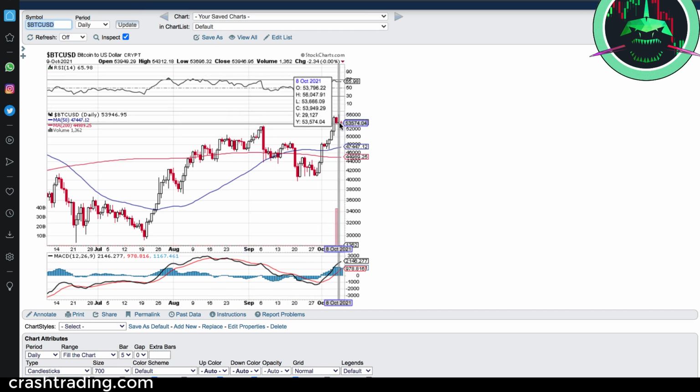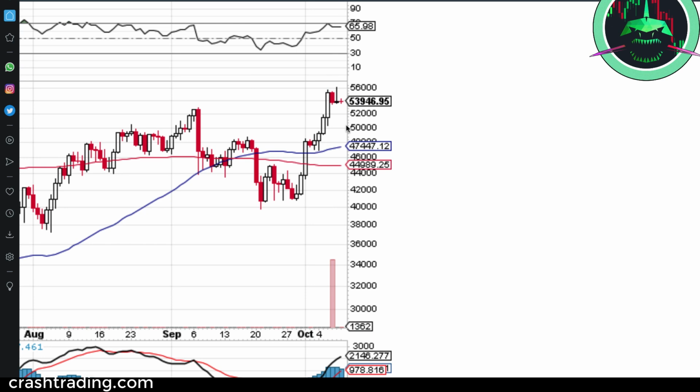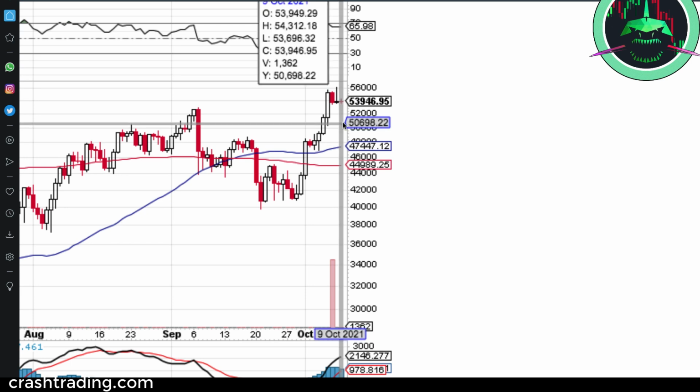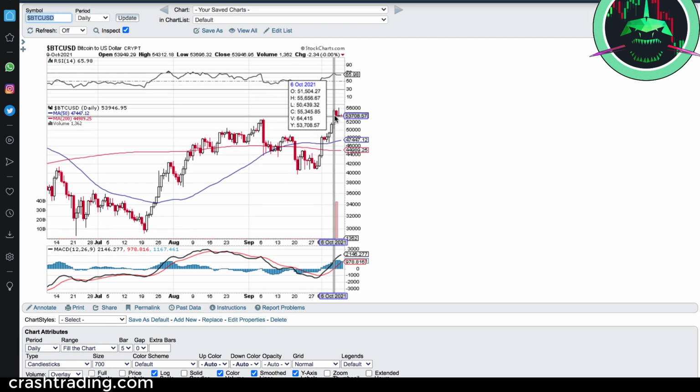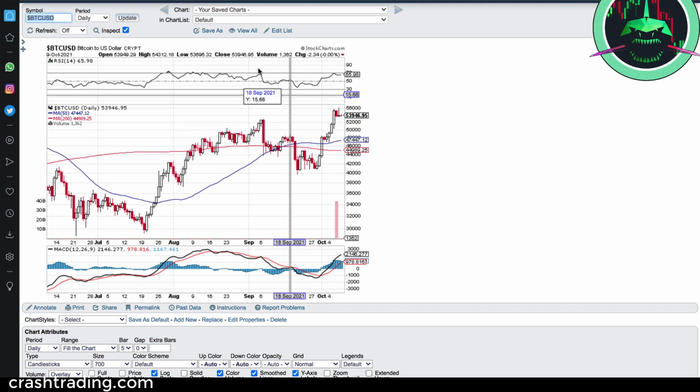So this is a great time for a pullback, and I expect that to be a solid dip. Maybe a pullback down to 50K, 51K, heck, even 49K makes a lot of sense after the massive run-up we've just had. And that's where I'd be looking to buy in on the dip if I were you and you haven't gotten in already.